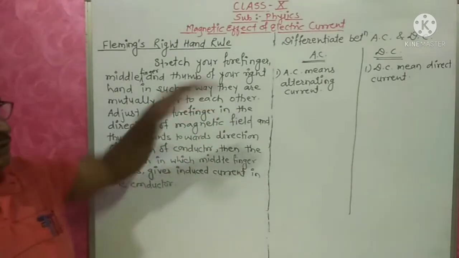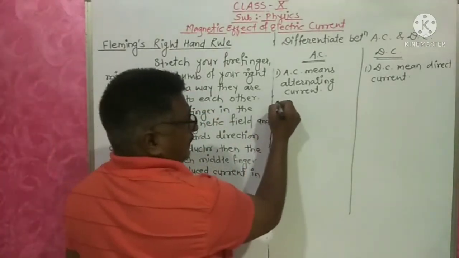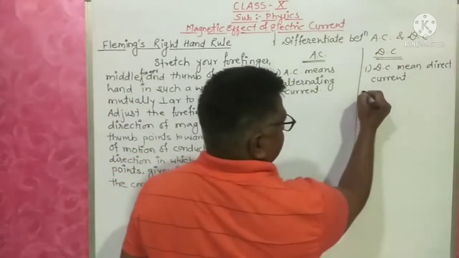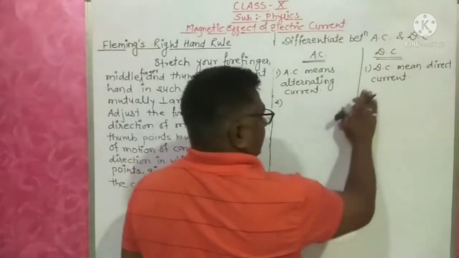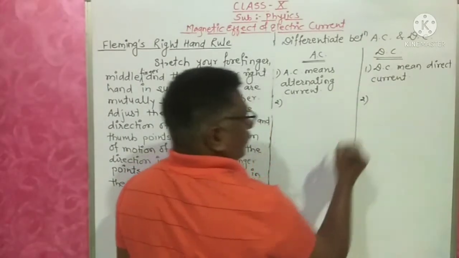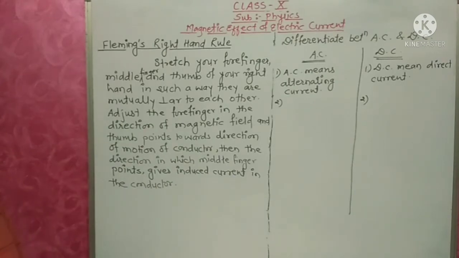So first we wrote the long form of AC and DC. Now the definition of AC and DC. What is the definition of alternating current and what is the definition of direct current?